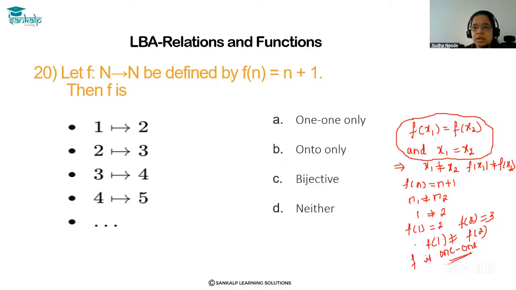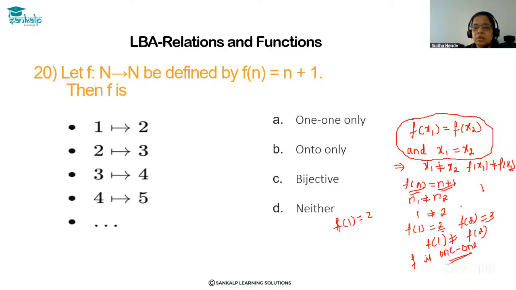Now, check whether f is onto or not. So, f(n) is equal to n + 1 and f(1) starts with 2. In the range, you don't find 1. 1 is not the image of any of the elements of the domain.